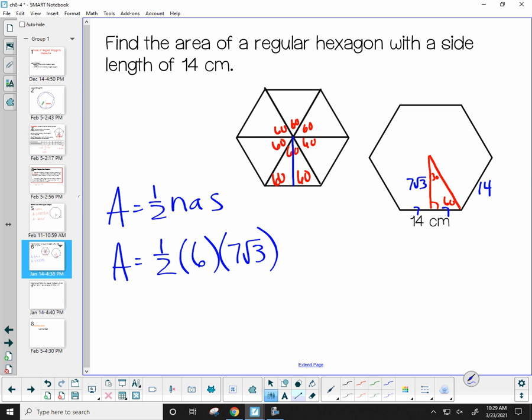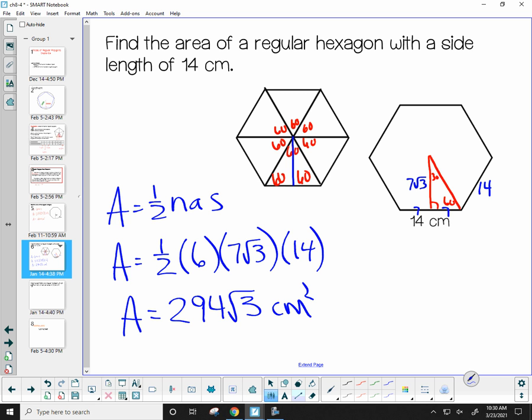And what's my side length? 14. All right, so we can go ahead and multiply that together. I have 294 radical 3.